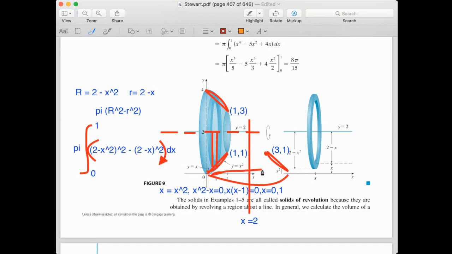So we would cut horizontally, right? We would set up the integration with dy. We would cut along the y-axis, because we can look at the section horizontally, and each section would be a circle.